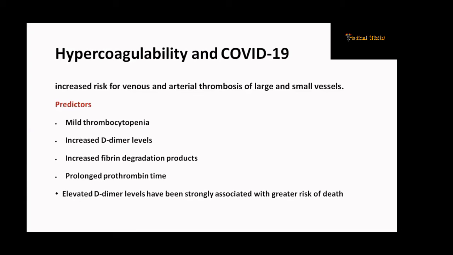One most dreaded complication of COVID disease is hypercoagulability, and it leads to increased risk of venous and arterial thrombosis of large and small vessels. The predictors of hypercoagulability are mild thrombocytopenia, increased D-dimer level, increased fibrin degradation product, and prolonged prothrombin time. Elevated D-dimer level has been strongly associated with greater risk of death.